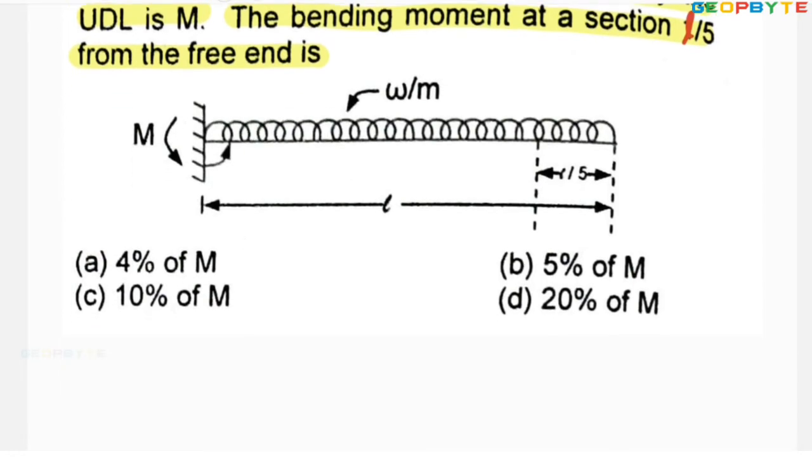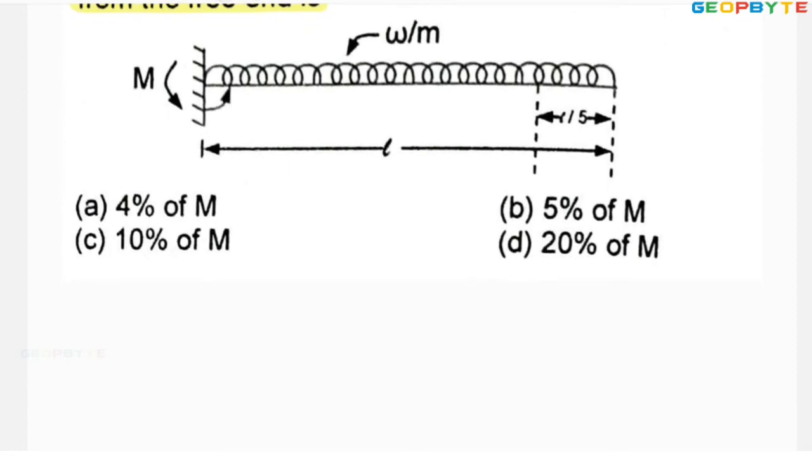First let us find the bending moment at the fixed end. Let this be A, B be the free end, and C be the point at a distance of L by 5. Bending moment at A equals, first try to get the point load from the UDL.